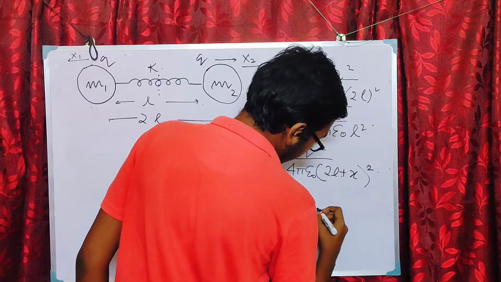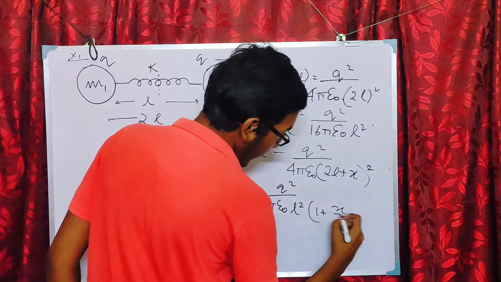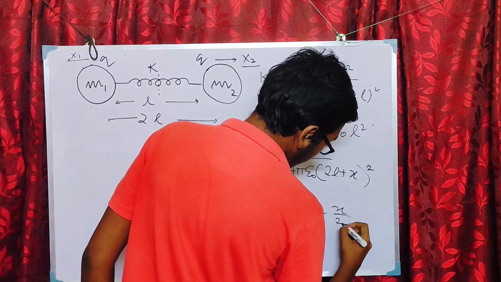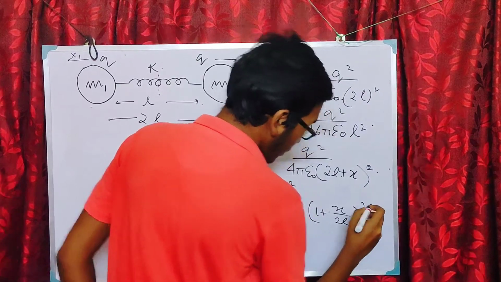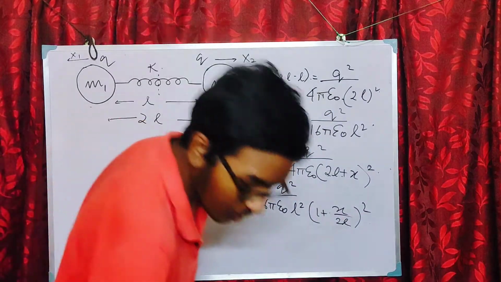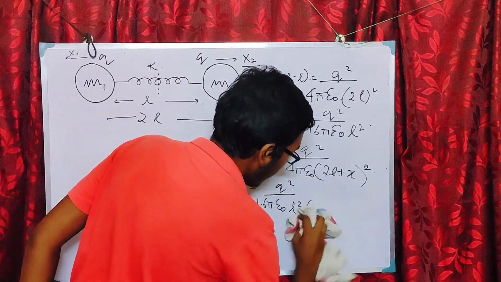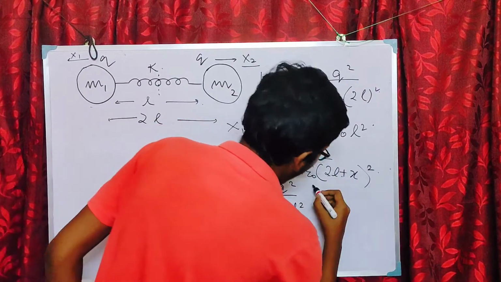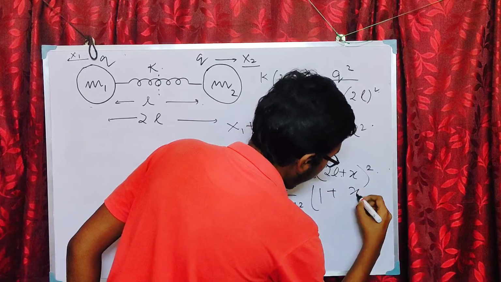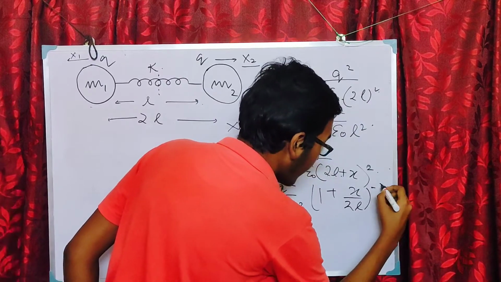Now it is 1 plus x by 2L whole square. So I can also write it as 1 plus x by 2L whole to the power minus 2.